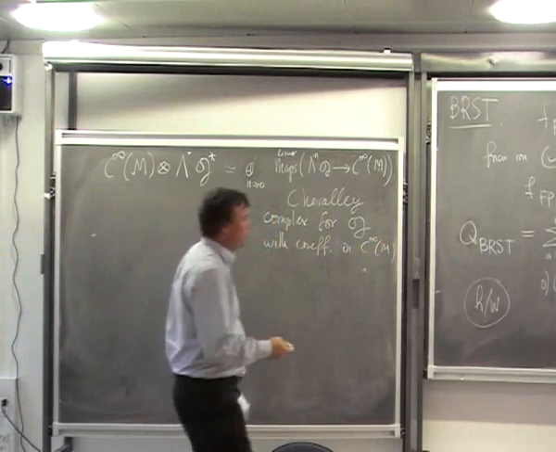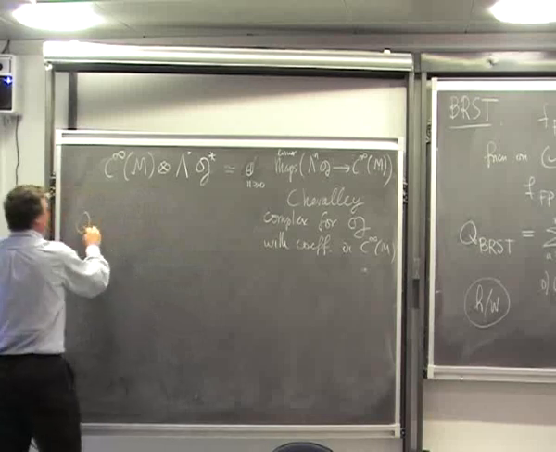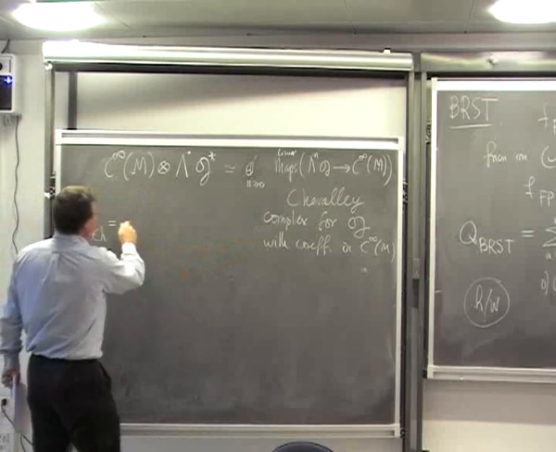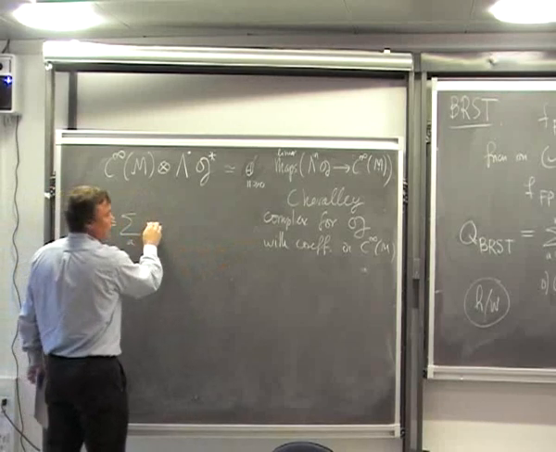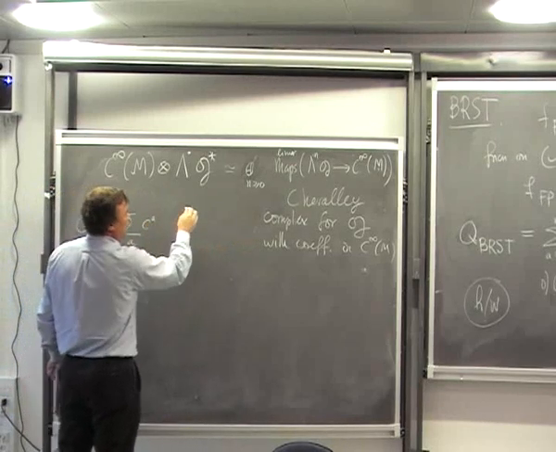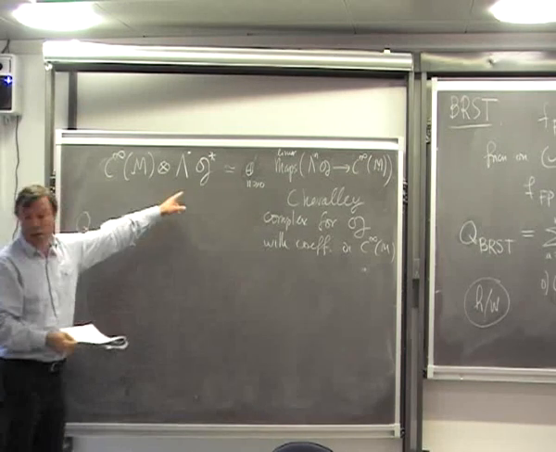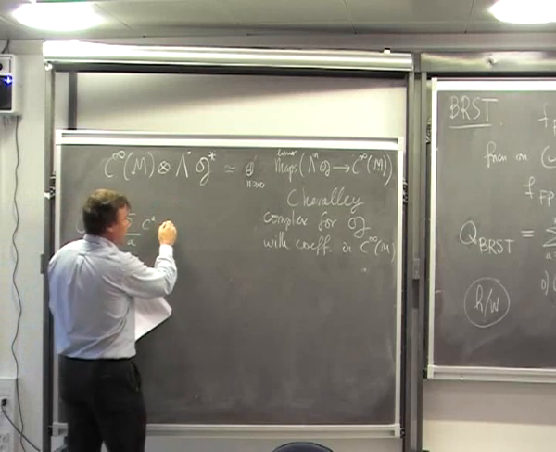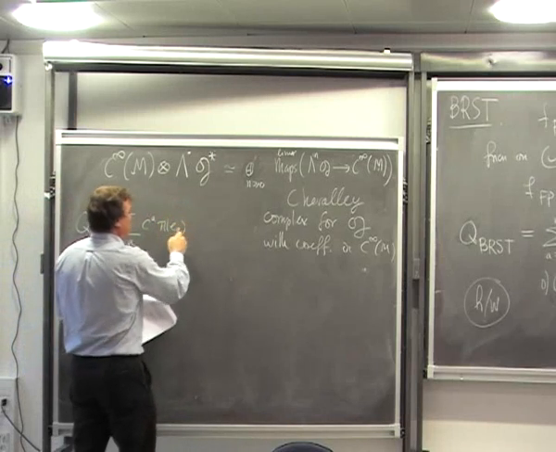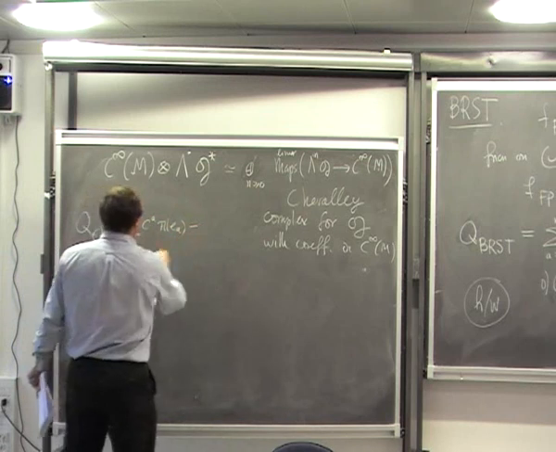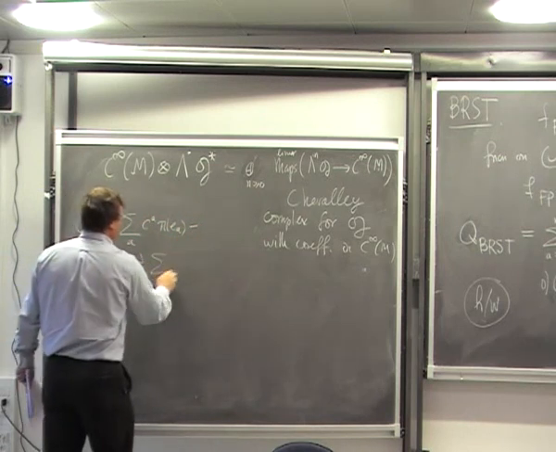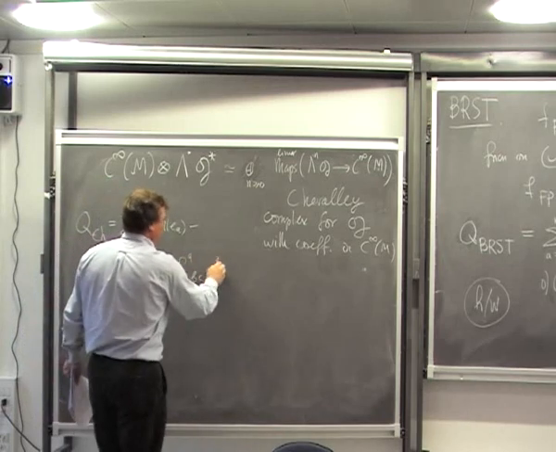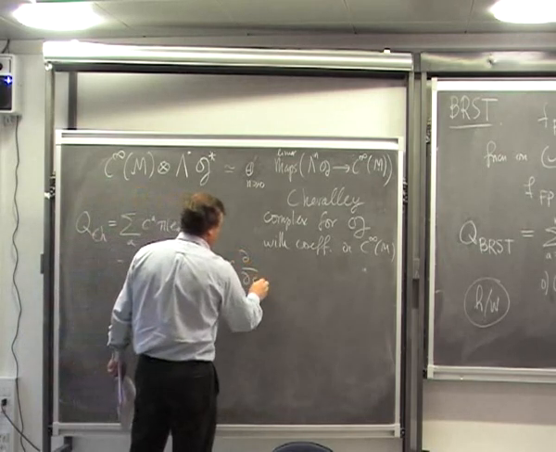With the differential given by, in these notations, the first term, c^A e_A minus 1/2 sum over A, B, C of f^A_BC c^B c^C d/dc^A. So we identify this exterior algebra with the Grassmann algebra.